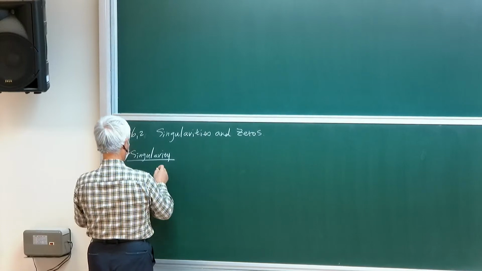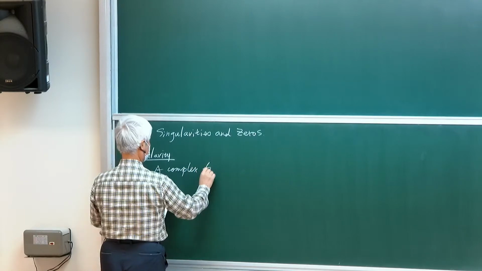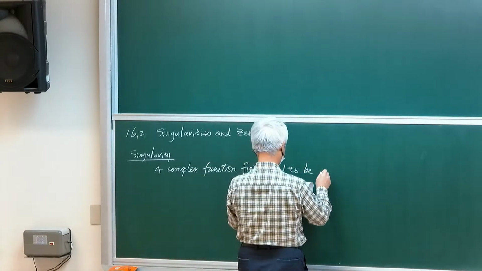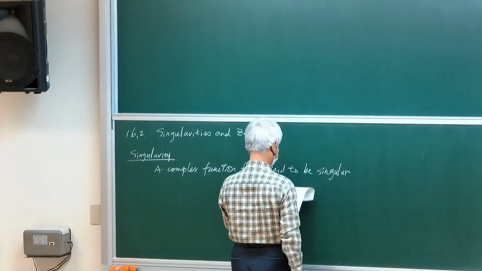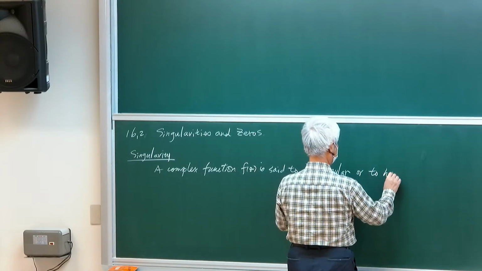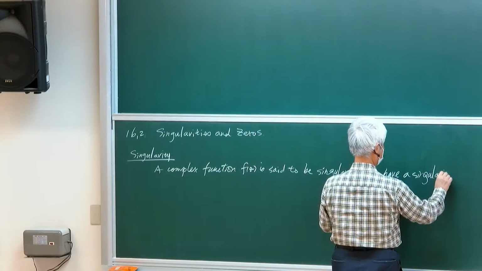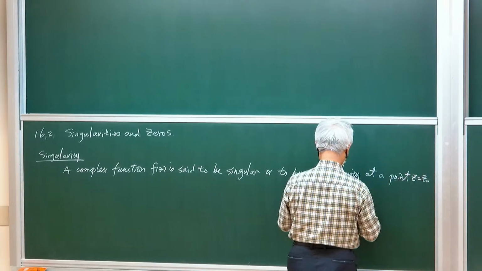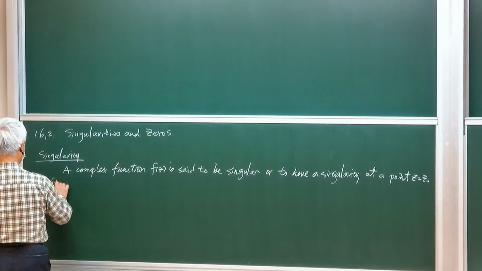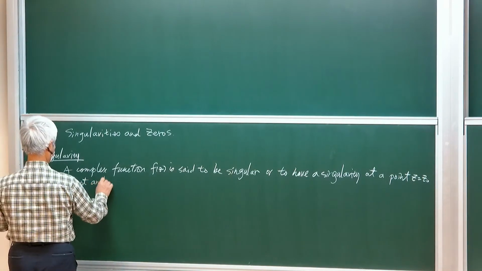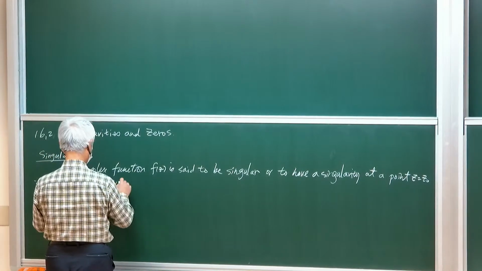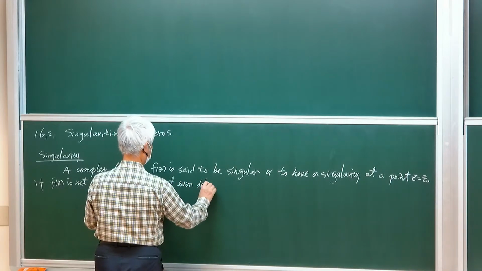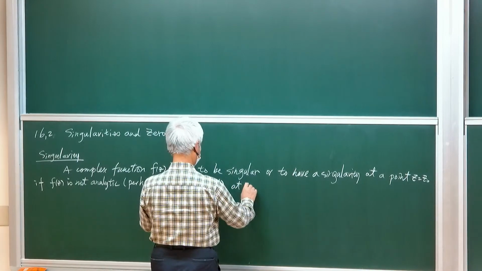All right, so a complex function f of z is said to be singular, or to have a singularity at the point z equal to z0, if f of z is not analytic, perhaps not even defined, at z equal to z0.